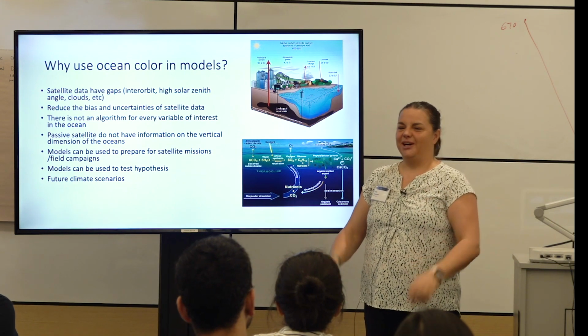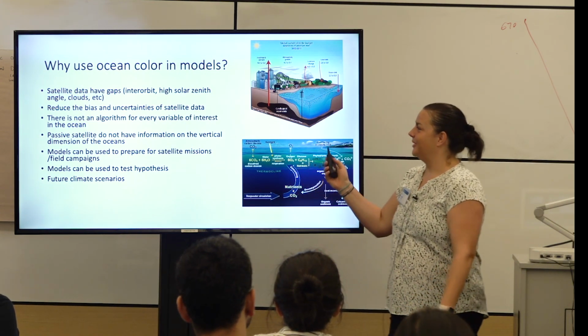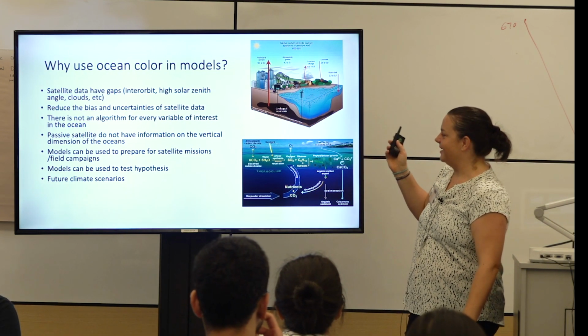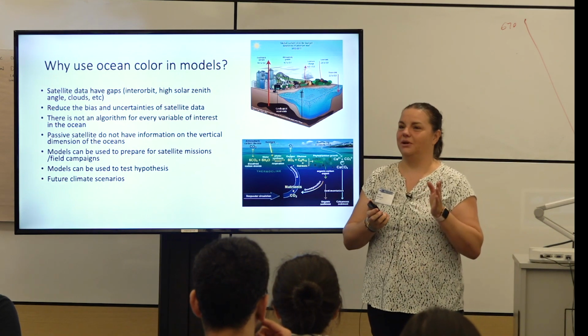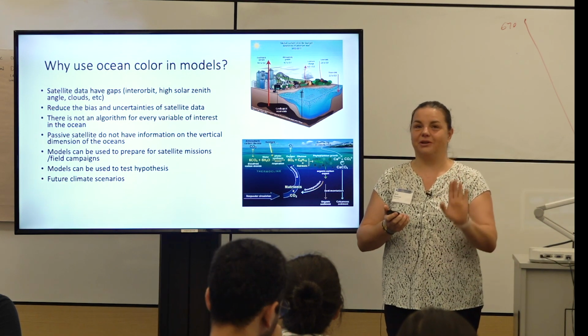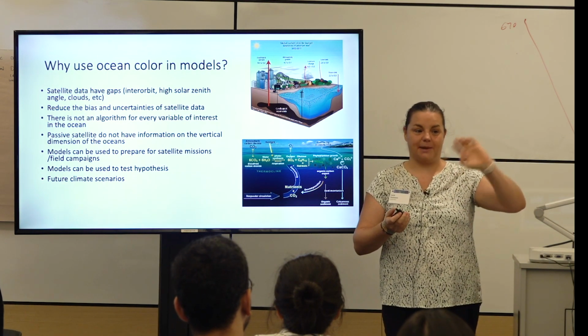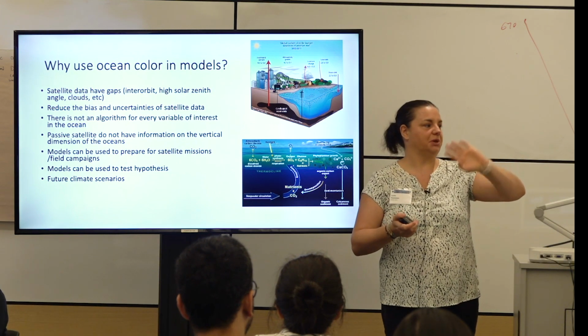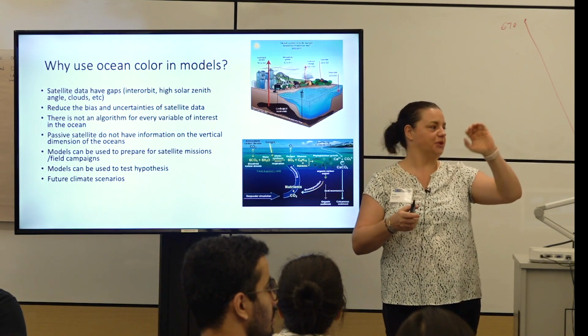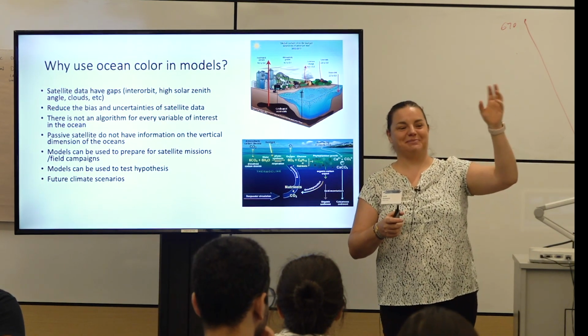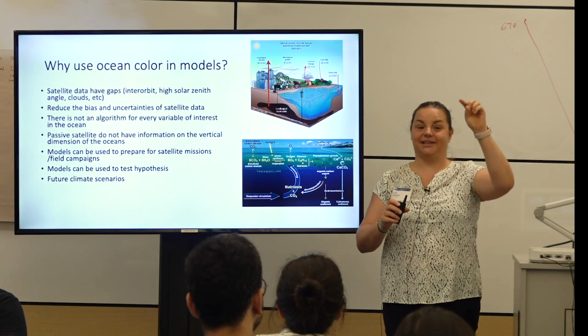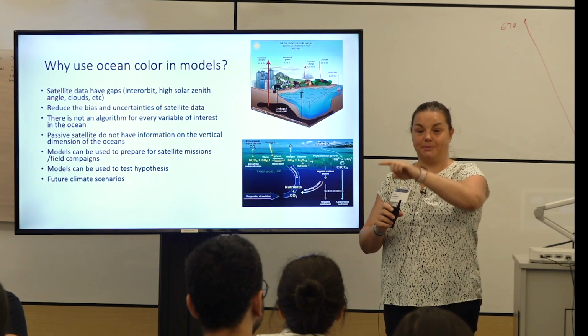Now you might wonder, why do we use ocean color in models? The reason is ocean color has some gaps, which someone might have talked about, I'm not sure. There are gaps between clouds, aerosol, and between the swaths, you get gaps too.